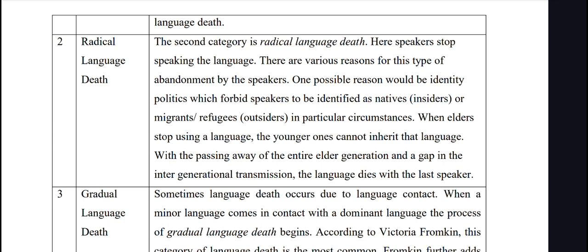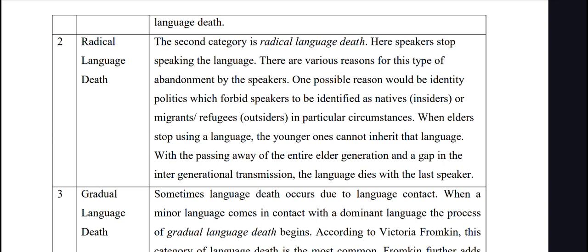One possible reason would be identity policy, which forbids speakers from identifying as native, instead pushing them toward outside languages, in particular curriculums.